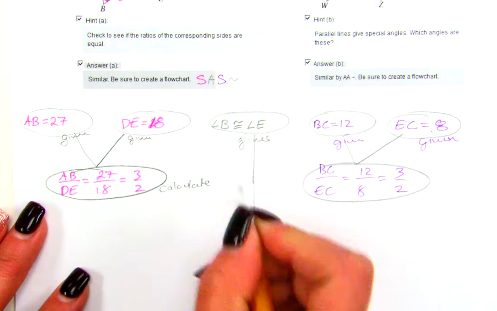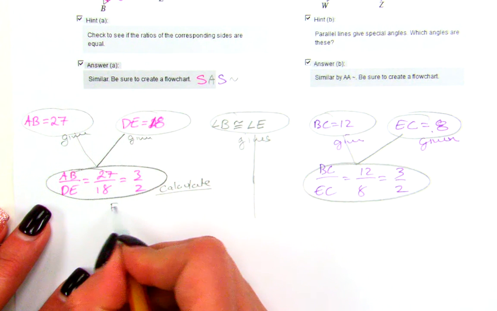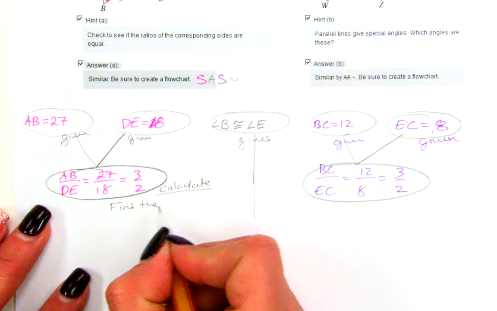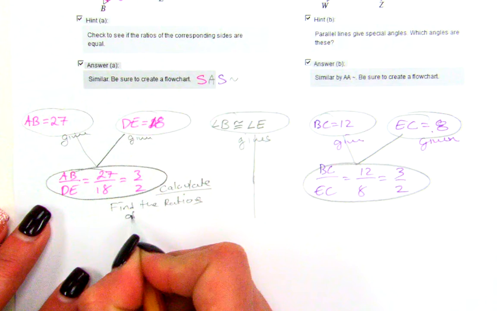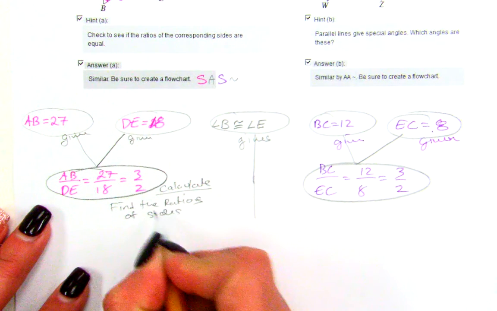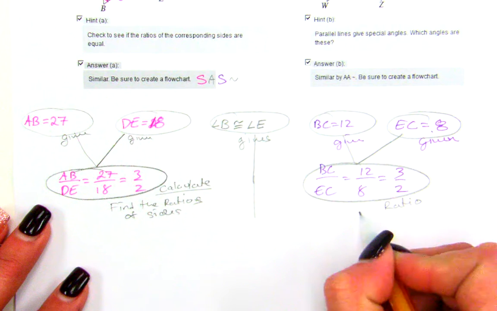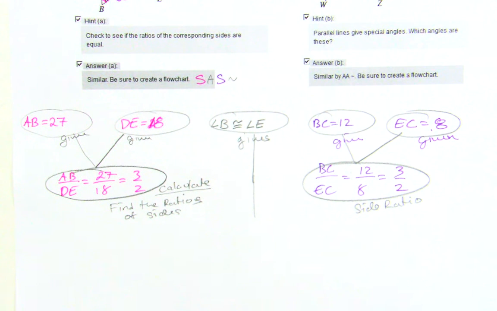I don't know if your teacher just wants you to calculate, but I'm finding the ratios of sides, right? So ratios, side ratios. Okay, finding the ratio of sides, side ratios.